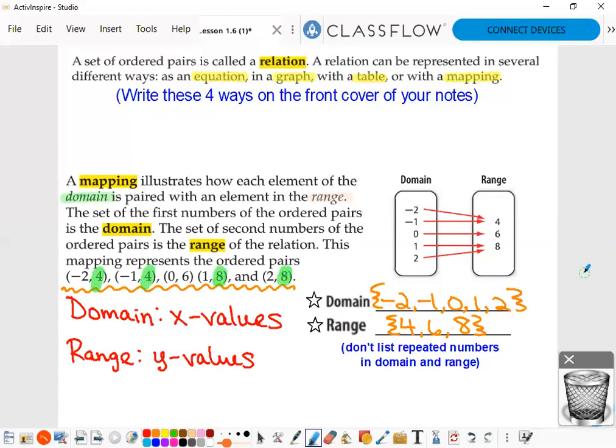So all that's telling us, this note down here again, it's telling us when we're using a set of ordered pairs like that to write our domain and range, and we see a number show up twice, we're still only going to write it once when we're listing out our range or our domain, wherever the number might show up twice. So something to keep in mind. With the mapping, we didn't have to worry about it, right? Just showed up there 3 times anyway, so that was nice and easy.